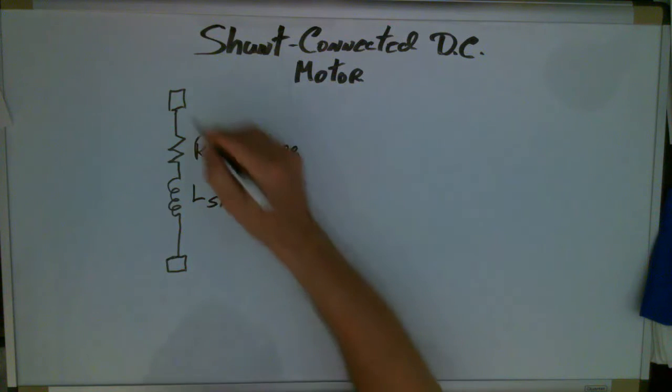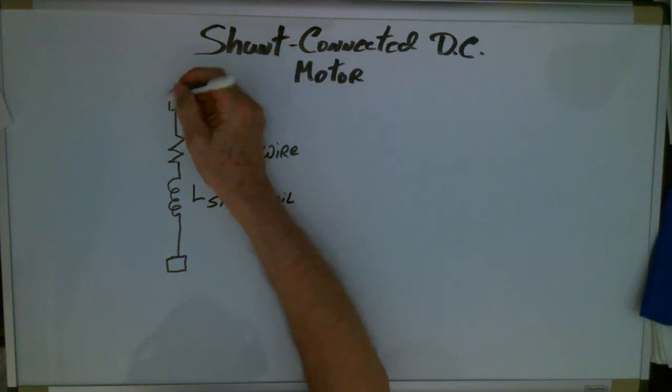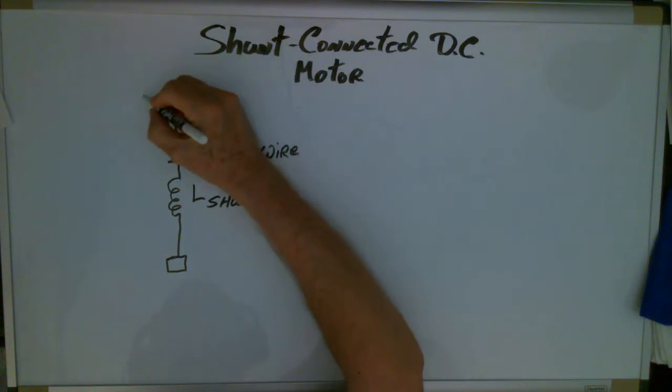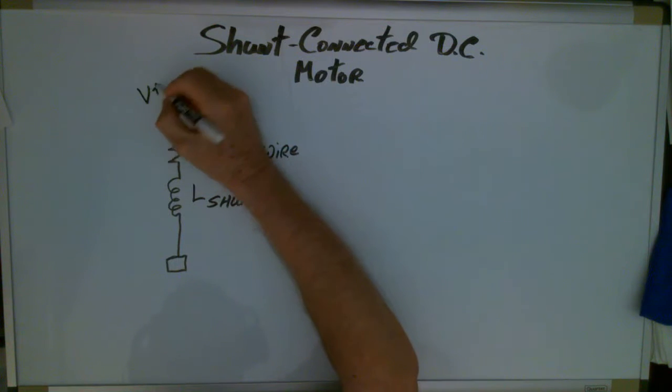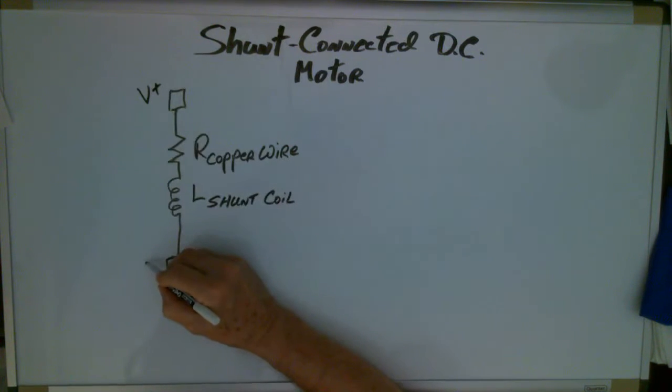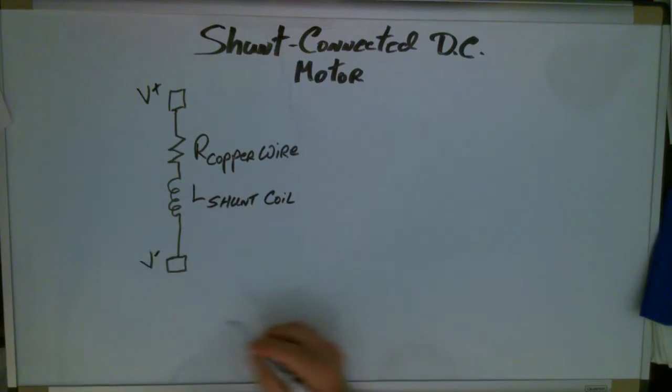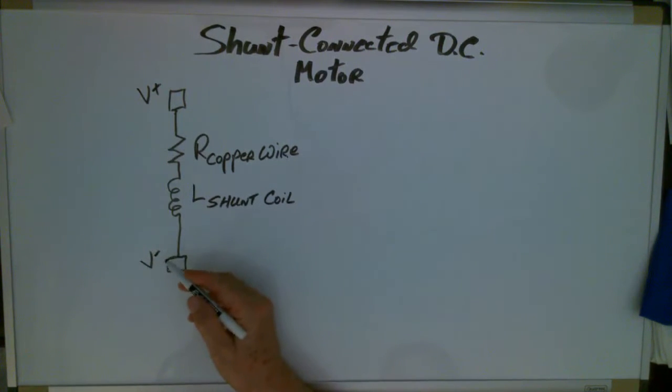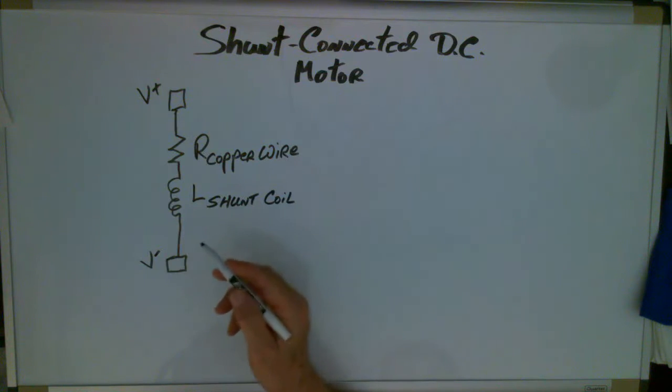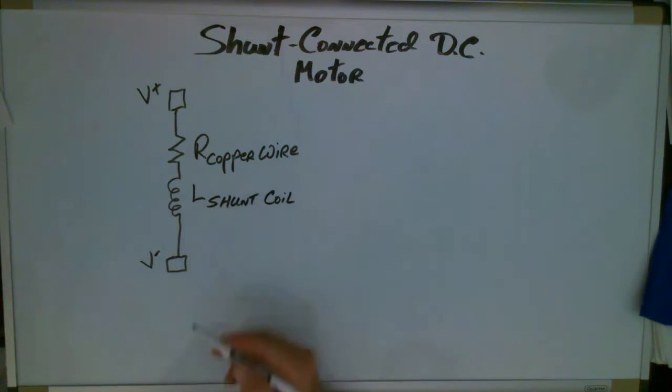And then we have a polarity. We connect the voltage. I'll call it voltage plus, and we'll call the opposite pole voltage minus. Now this voltage minus could be 0 volts. It could be a negative voltage, but we'll deal with it the way we've been doing it.